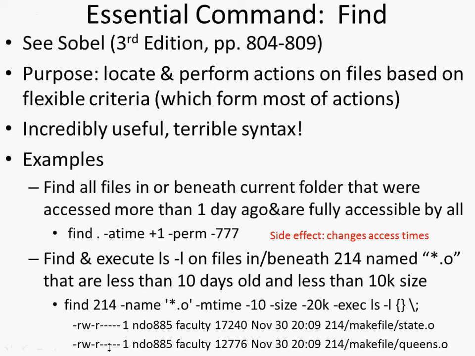Okay, so suppose I want to find files underneath the current folder that were accessed more than a day ago and are fully accessible by all people. Well, let's unpack that. Fully accessible by all people, that maps into permissions, right? I want to find something that's read, write and execute access by everyone.